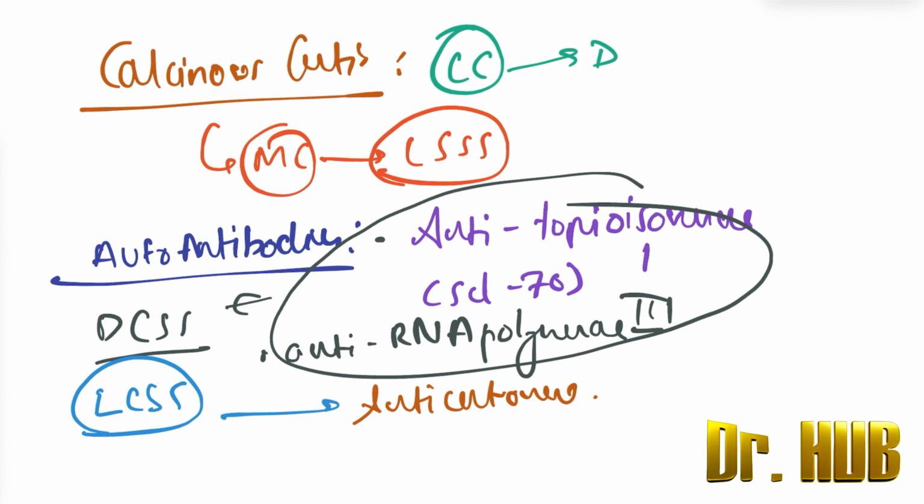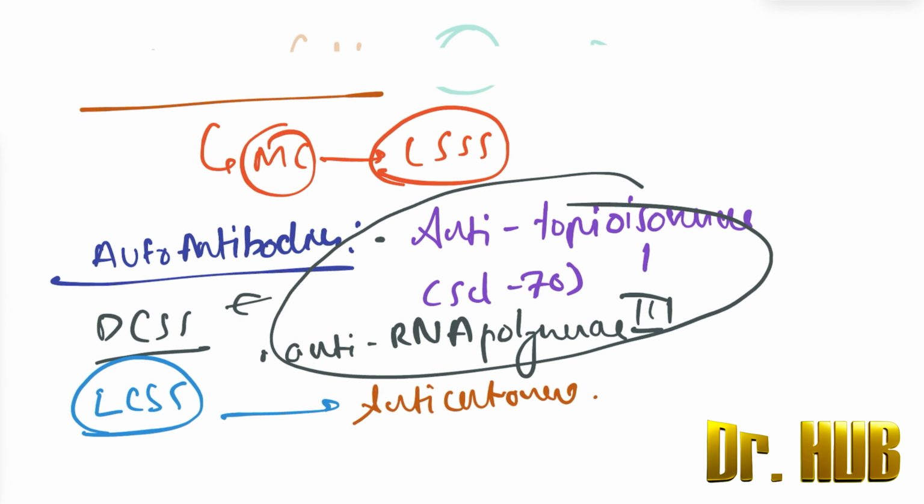Talking about the autoantibodies, they include anti-topoisomerase 1, that is SCL70, as well as anti-RNA polymerase 3. These two are present in the diffuse cutaneous systemic sclerosis. When we look at the LCSS, the limited cutaneous systemic sclerosis, it includes the anti-centromere.